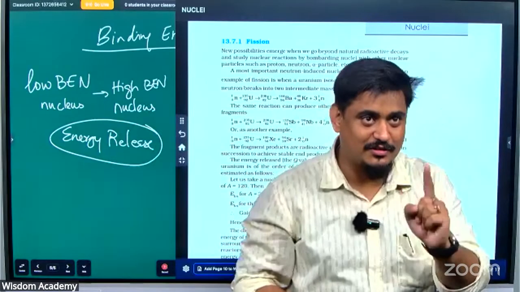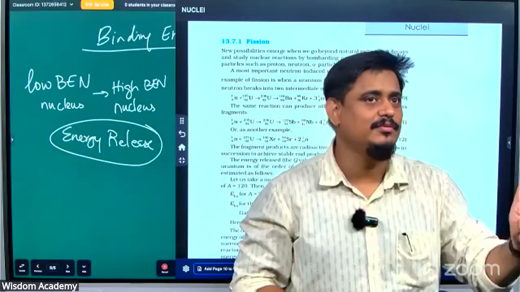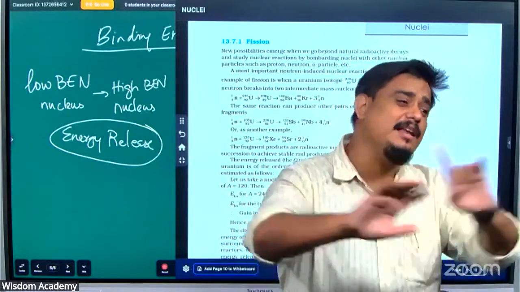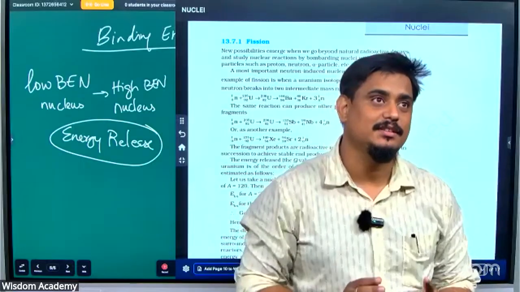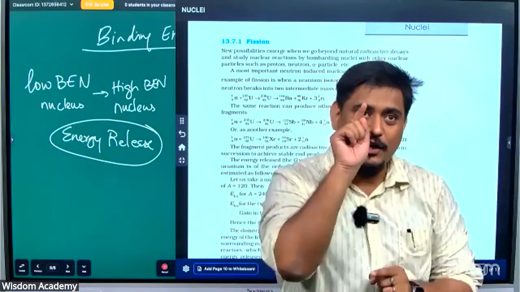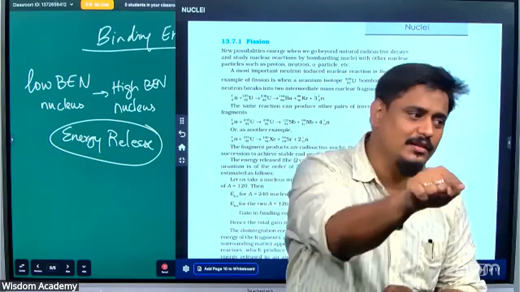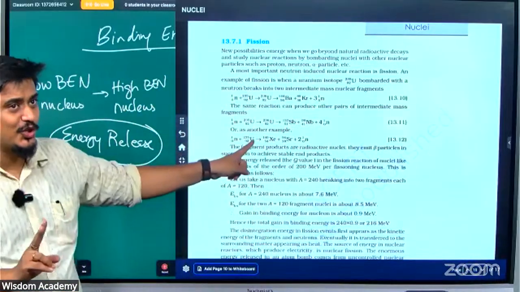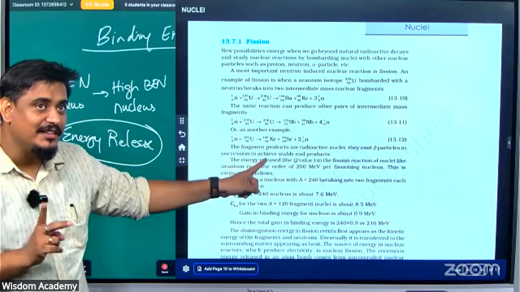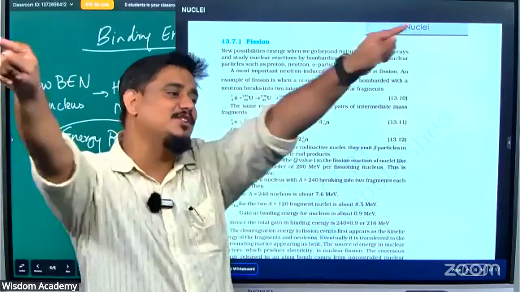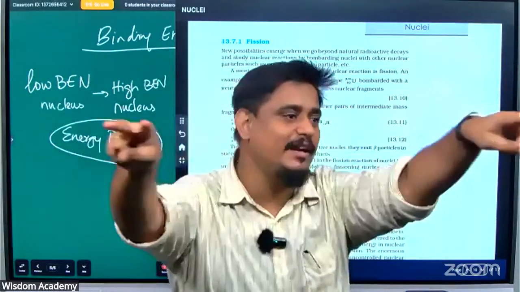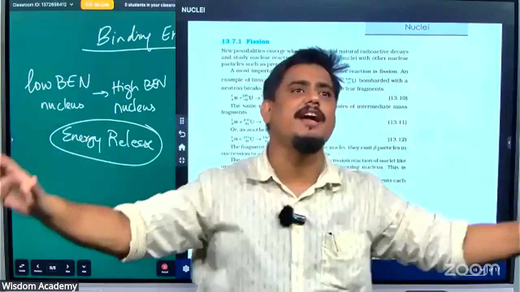One neutron is enough to break all 1 million uranium atoms. Are you getting why? Because one neutron will go and hit one uranium, creating either 3 or 4 or at least 2 neutrons. Now, these 2 neutrons will further go and hit other uranium. Once again, 2 may come out. Once again, the 2 may go and hit another 2. Like that it will become a chain reaction.